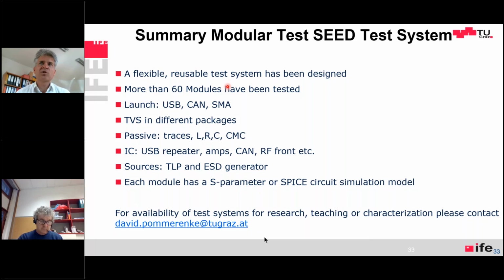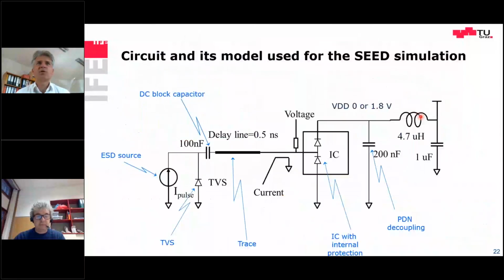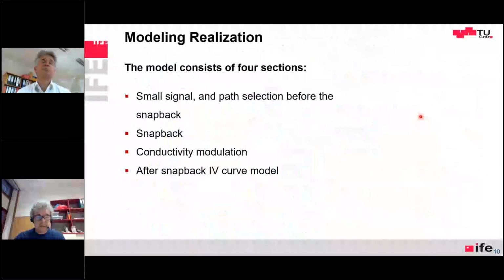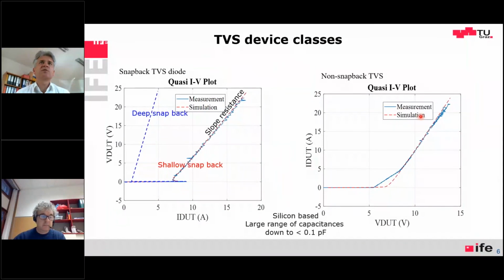If you're charging up the capacitor to, for example, 15 kilovolt, then this 15 kilovolt will be divided between the giga ohm resistance of the switch and the input impedance of your device under test, which means that already during the simulation you will have a certain voltage at the tip of your ESD simulation. So the easiest way is to exchange the switch directly and use a kind of voltage source that is triggered at a certain time.